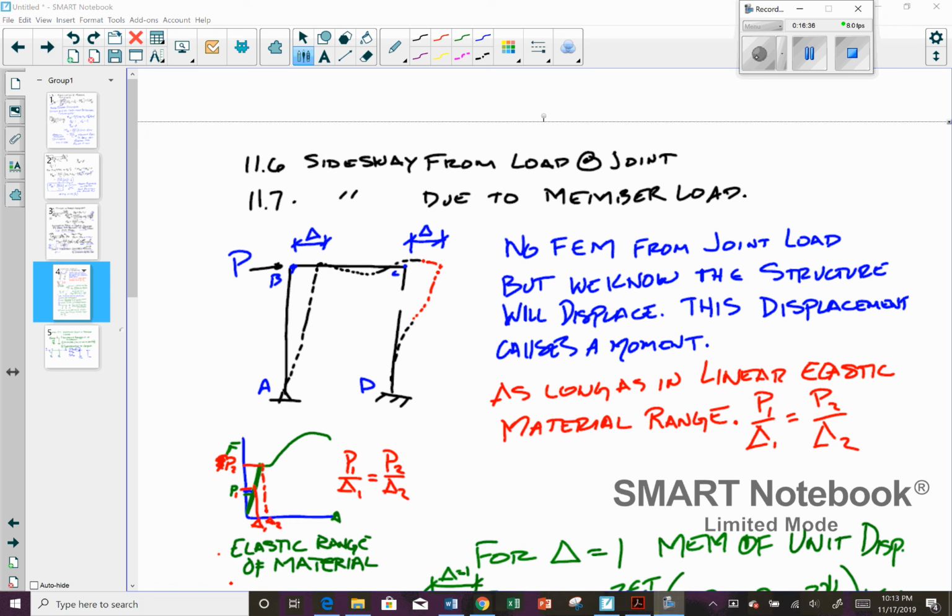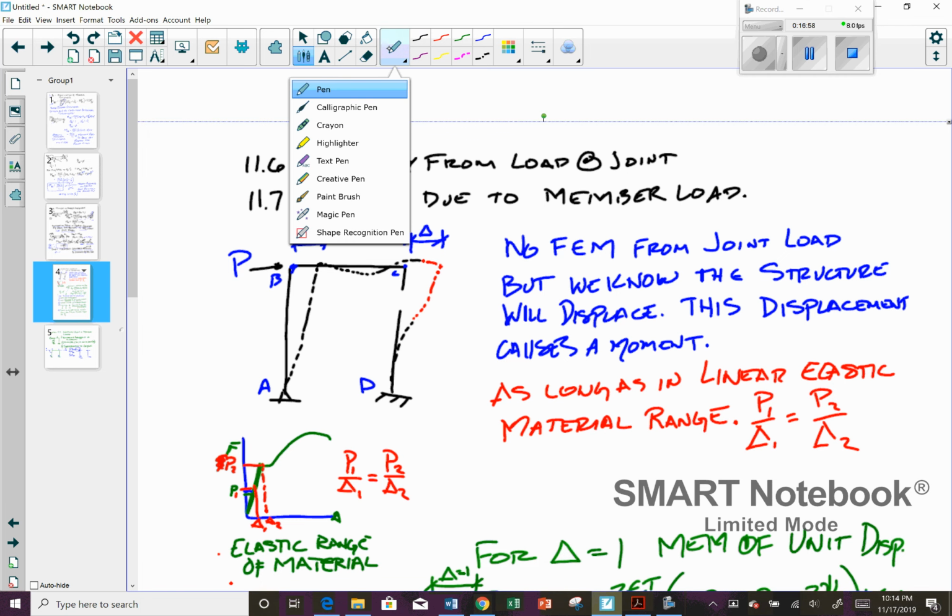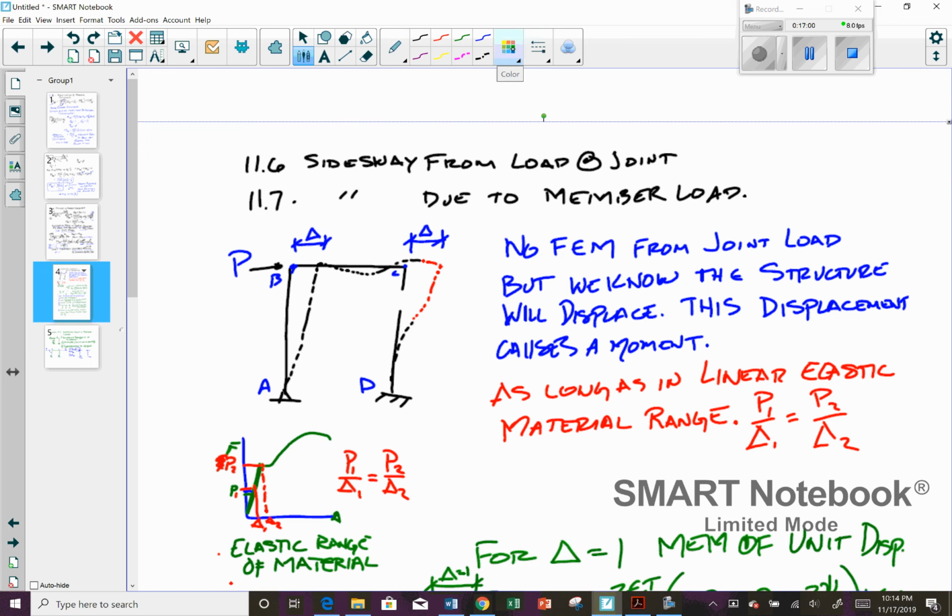Okay, so the last 2 sections that we want to go over for moment distribution are side sway from loaded joint and then side sway due to member loads. So if we look at a structure that is free to sway, but still stable, you're going to have a fixed section here. This guy is fixed.